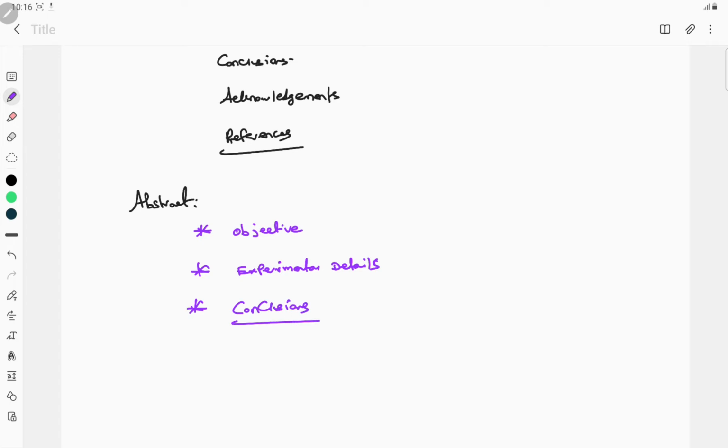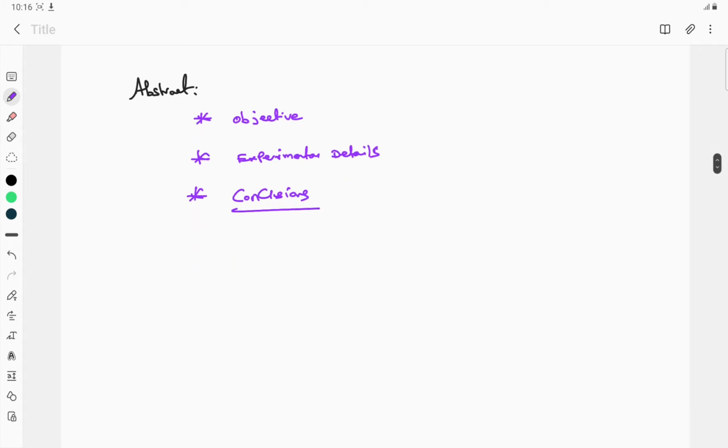So conclusions in a very short manner, the key findings from the research work. These three pieces of information we can get after reading any abstract in an article related to welding.